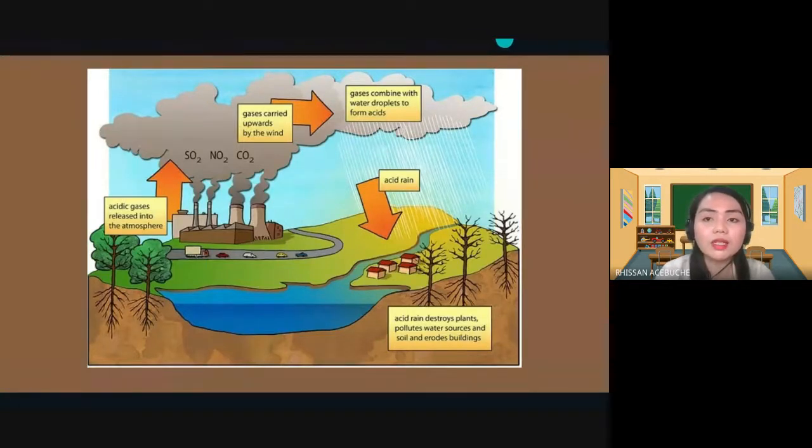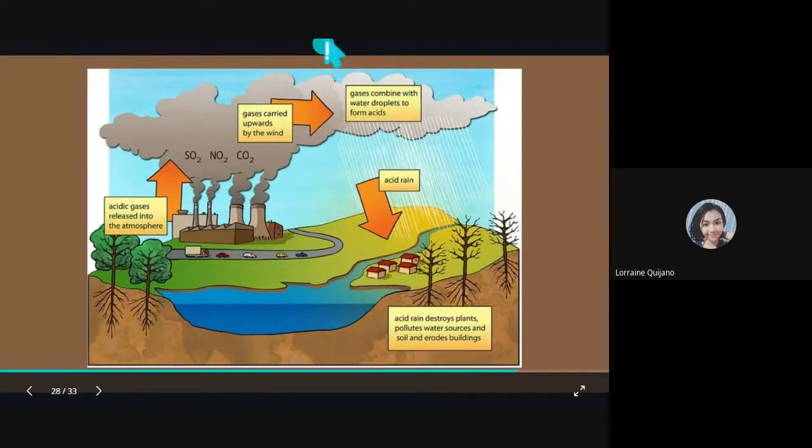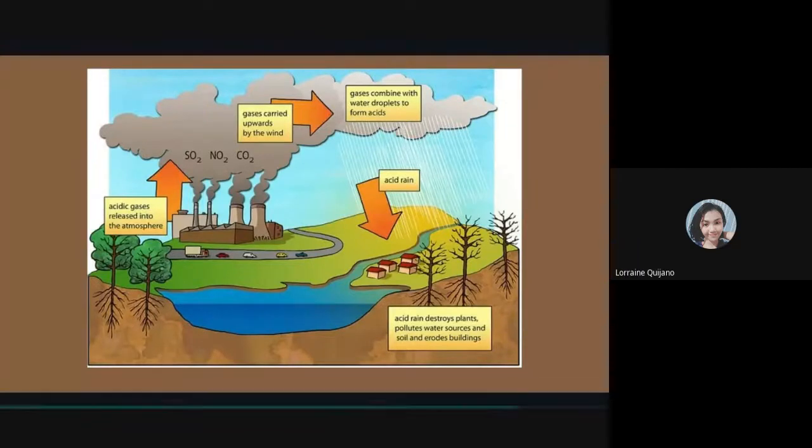So what are the activities that contribute to the speeding up of weathering? Yes, Kihano. Some human activities that speed up weathering are industrialization and the consumption of fossil fuels that will produce some hazardous chemicals like nitric acid and sulfur dioxide.